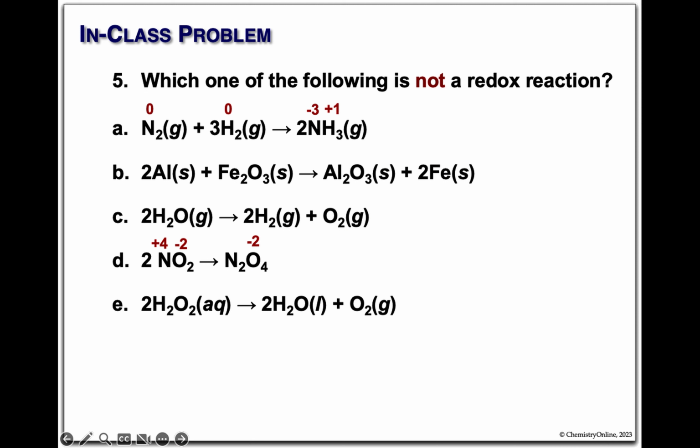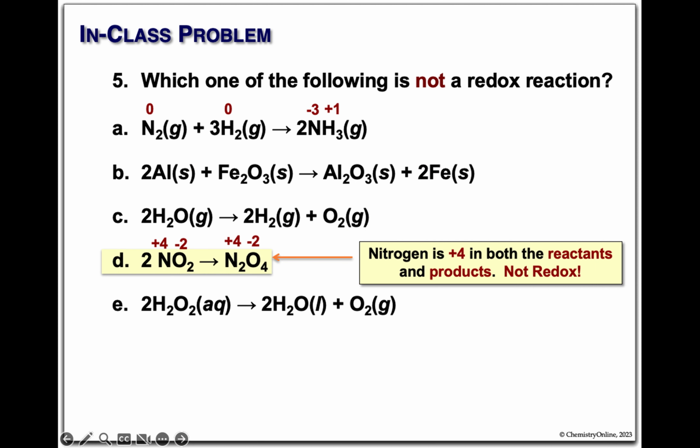That means that each nitrogen here must be a +4. Nitrogen is +4 in the reactants and the products. This is not a redox reaction. Just remember the simple dodge. If you have an element on either side, it must be redox. Any questions?